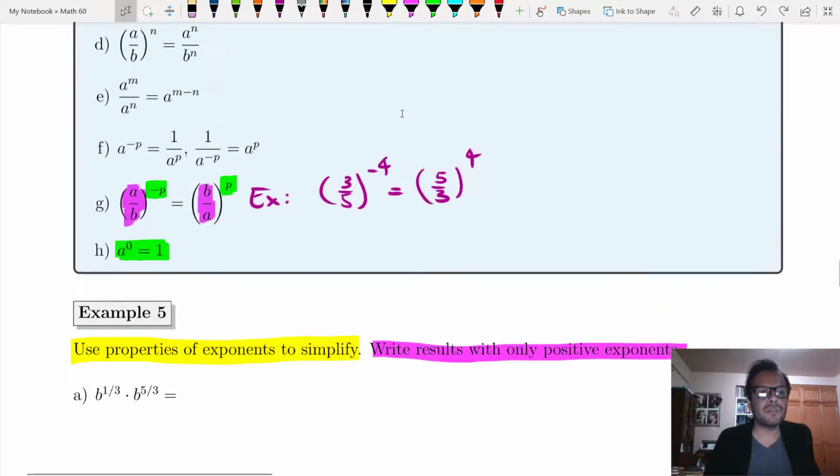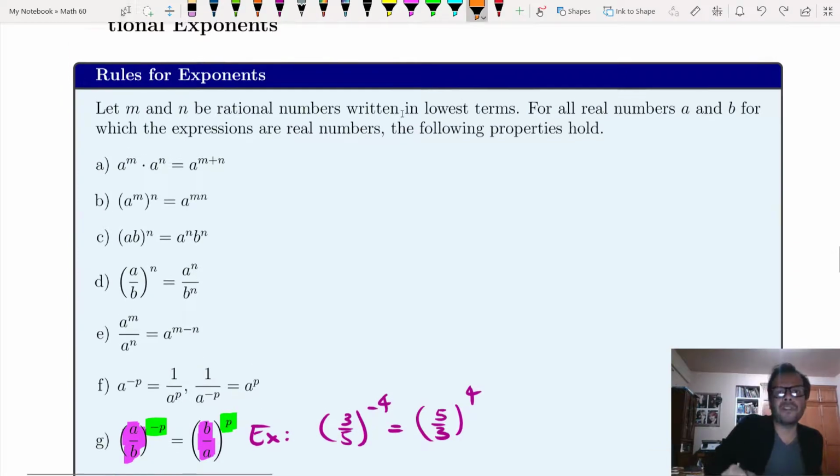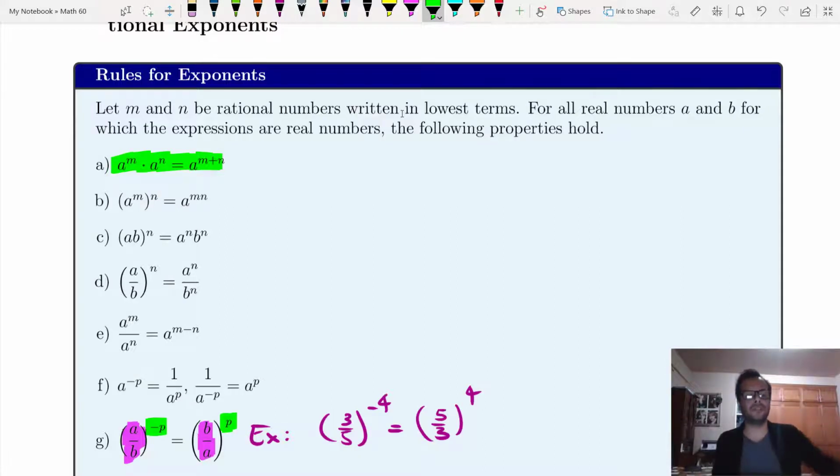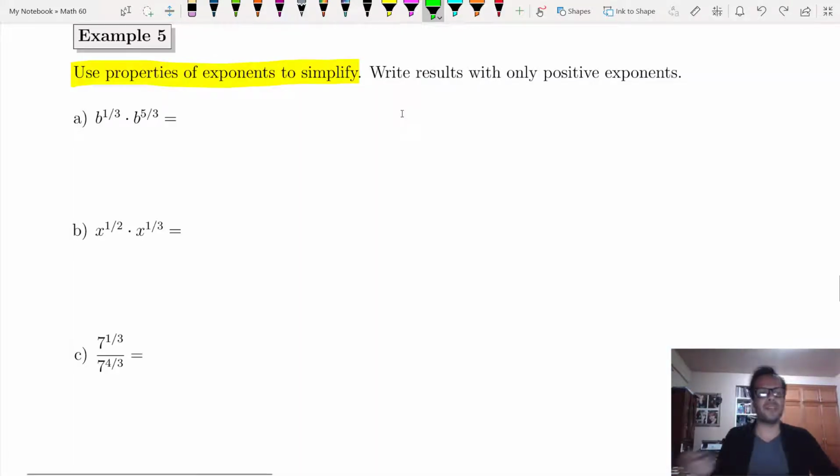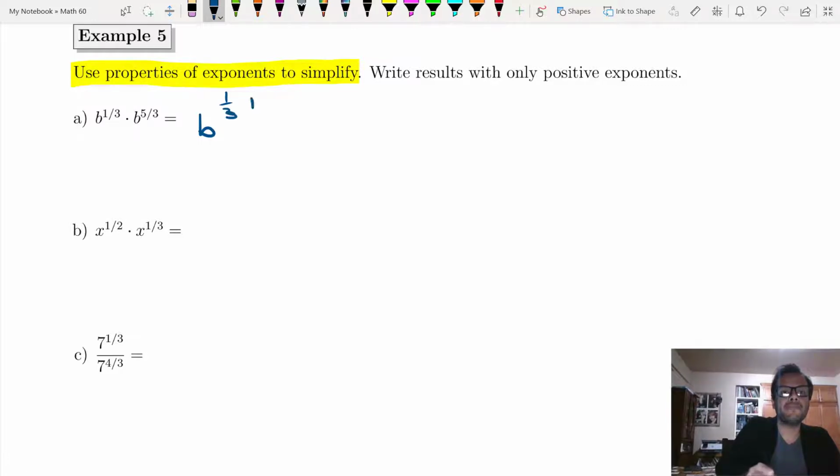In accordance to the very first rule, we are going to add the exponents. That's the rule that we are going to use, rule A. So this is what we do. We write b to the 1/3 plus 5/3.